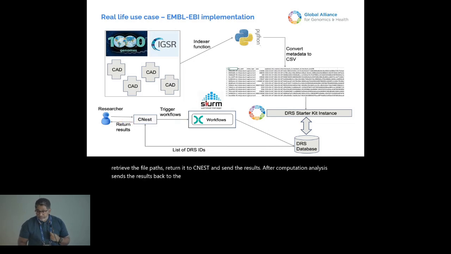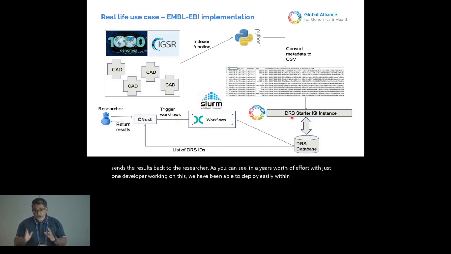As you can see, with a year's worth of effort with just one developer working on this, we have been able to deploy easily within the EBI network, not on prod yet, we are just getting there, a DRS instance, that is an interoperable instance.